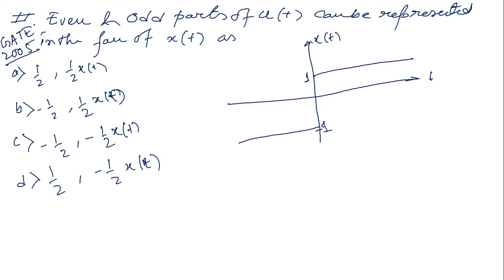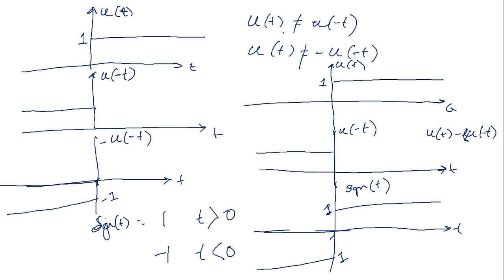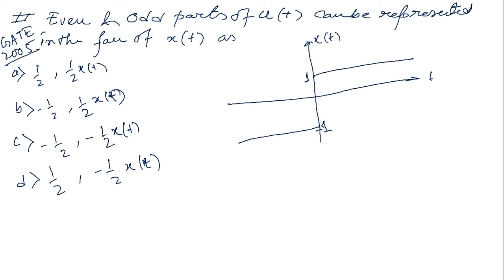They gave four images of signals and asked which signal is a causal signal. So for estimating this, the even part and odd part of u of t: as I have discussed, u of t is neither even nor odd, so u of t has one even part and one odd part. We have to estimate the even part and odd part of u of t and compare with these options.